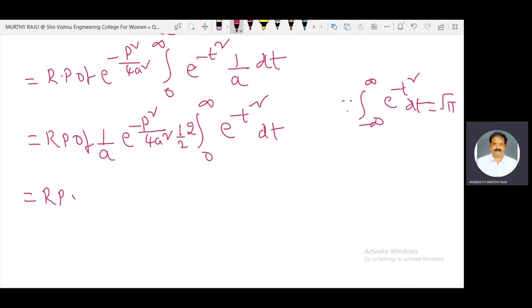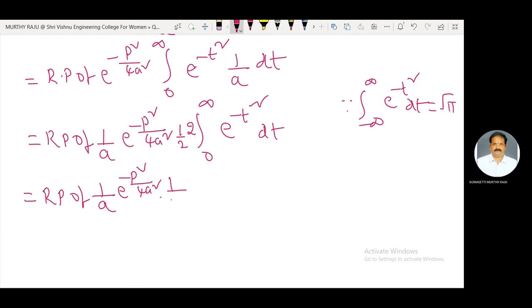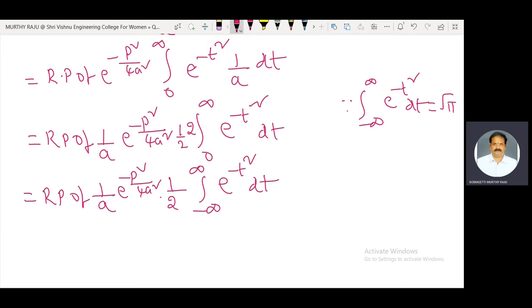Therefore, real part of 1 by a e power minus p square by 4a square into 1 by 2, 2 integral 0 to infinity e power minus t square dt is replaced with minus infinity to plus infinity e power minus t square dt.